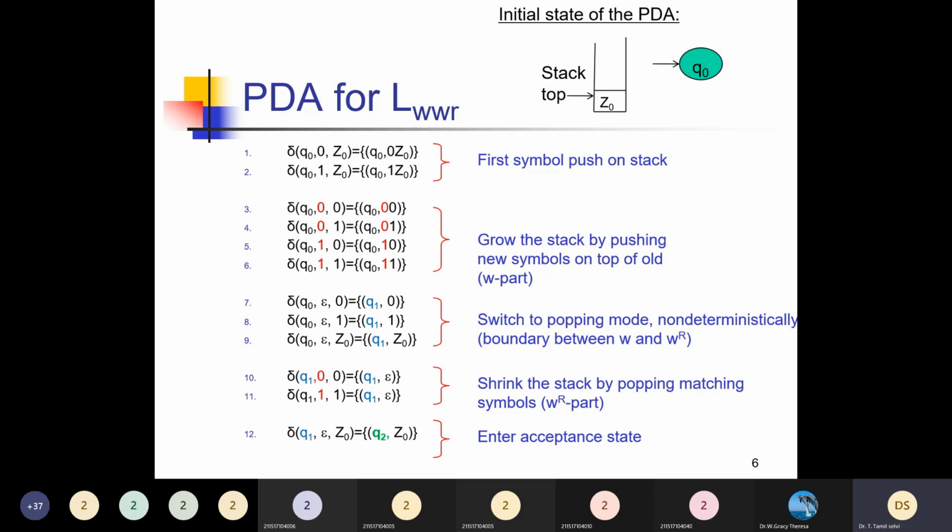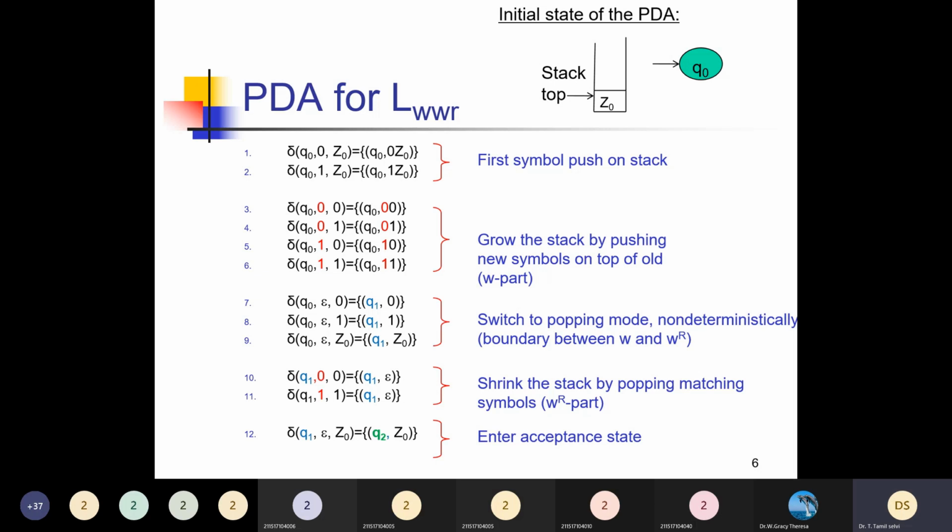Here we mention only the top two symbols, so no need to mention the whole stack. You can mention only the top two values from the stack. Already we have 0 on the top, so currently we are going to push one more 0 into the stack. If the current input is 0, but the top of the stack is 1, means what?